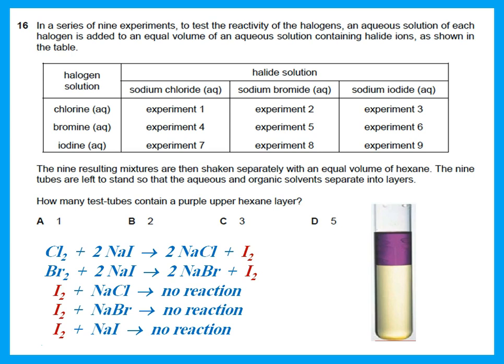It didn't react. So in 2 of them, the reaction formed iodine. In the last experiments, 7, 8, and 9, the iodine does not displace any of the other halides, so the iodine just sits in the solution. So I will still have a purple layer. So that means I have 5 of them giving a purple hexane layer.